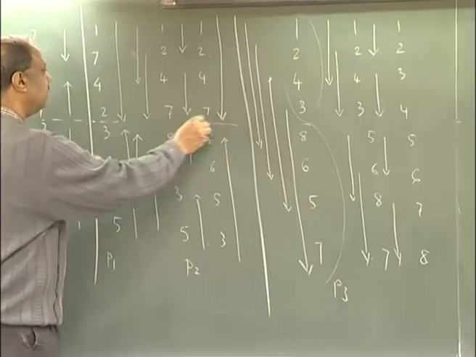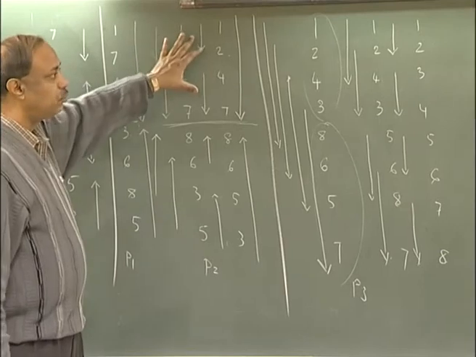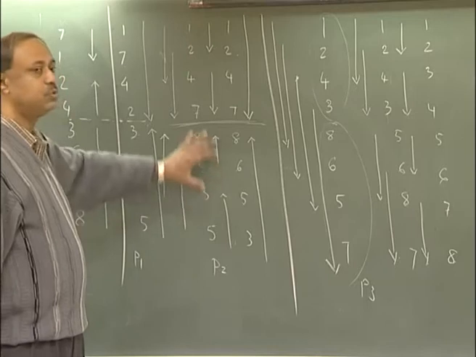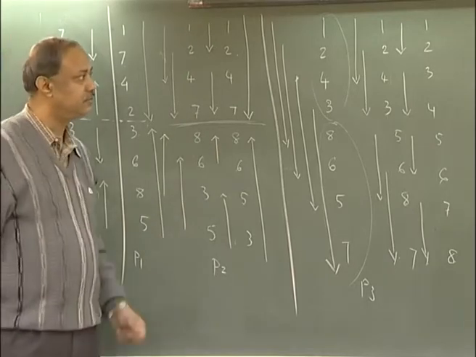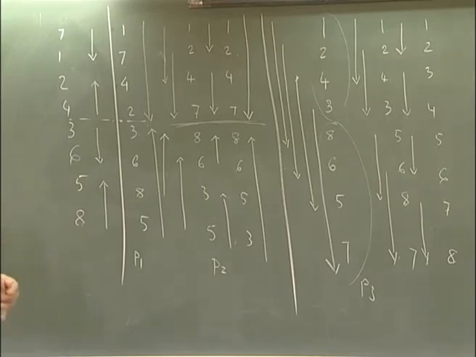In the second phase, you have 2 to the power 2, that is 4, and there are 2 such cases. So it is 2 to the power k minus i bitonic subsequences, each of size 2 to the power i. Agreed?